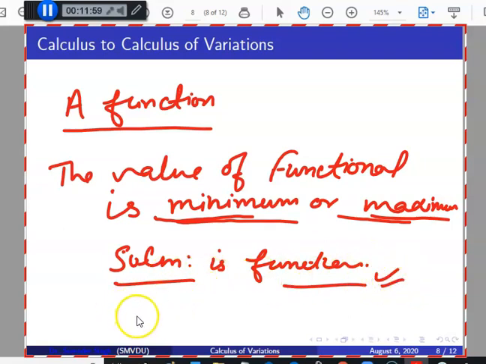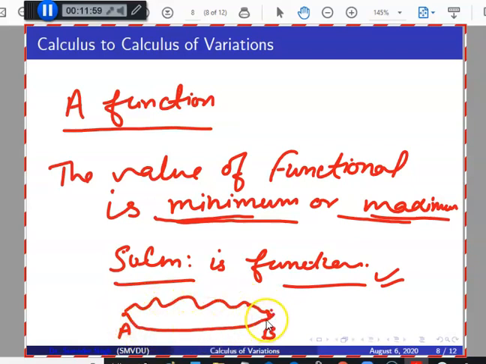For example, we take 2 points here, A and B, the very basic problem here, and I can go from point A to B by various paths. Either this way, or this way, or this way, and so on and so forth.